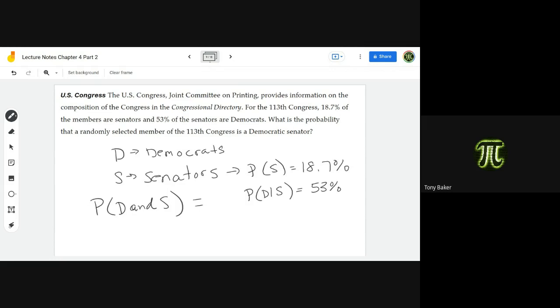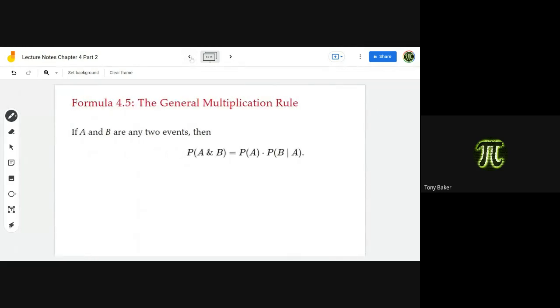So it's 53% of 18.7. Now if we go back and look at the formula, that was 18.7, so I'm actually going to change this to 0.187.